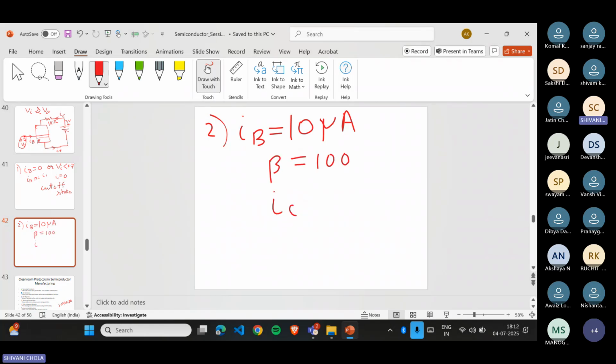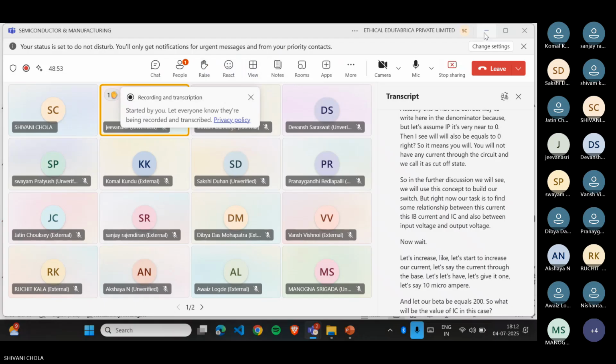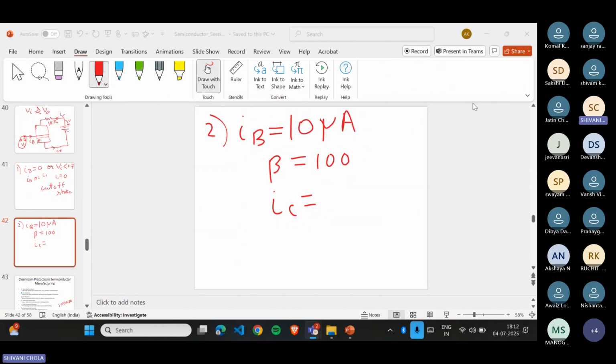So what will be the value of IC in this case? Anyone? 1000 microampere. Yes. So the value of IC will be equal to 1000 microampere, right?